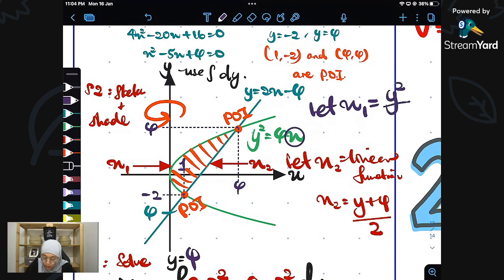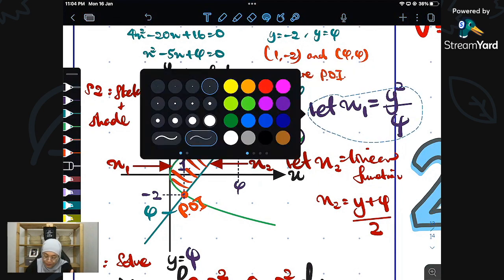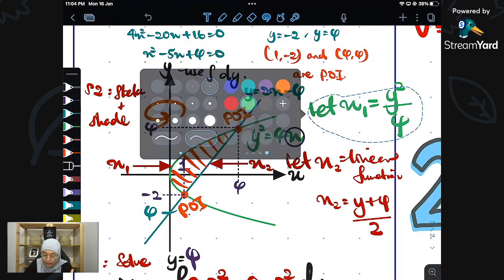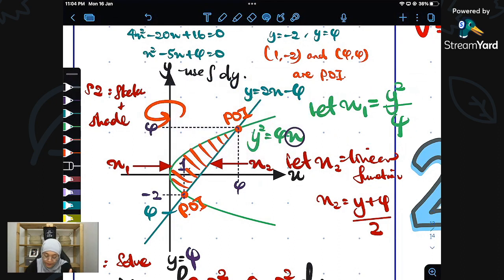y squared over 4. So basically, I repeat here, this green function here is my curve. I already let this green curve as x1.